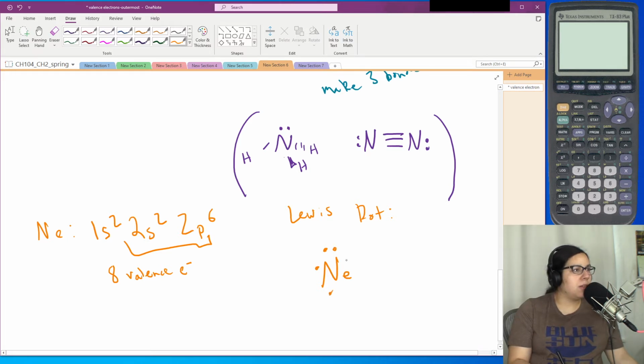So 1, 2, 3, 4, 5, 6 in the P. So this gives us 8 valence electrons. So again, we call this a full octet, meaning it's satisfied. It's not looking to make other bonds, right? It has its orbitals all filled up.